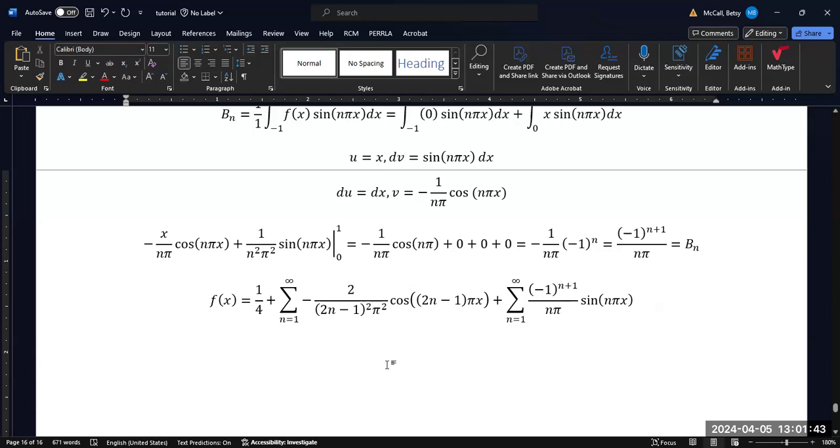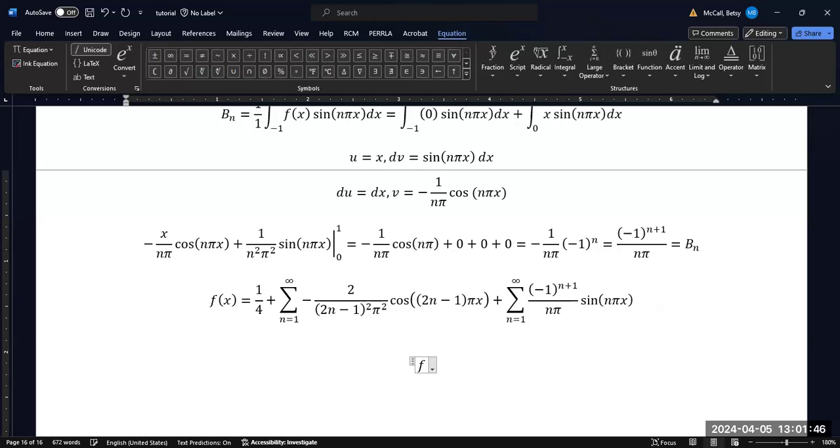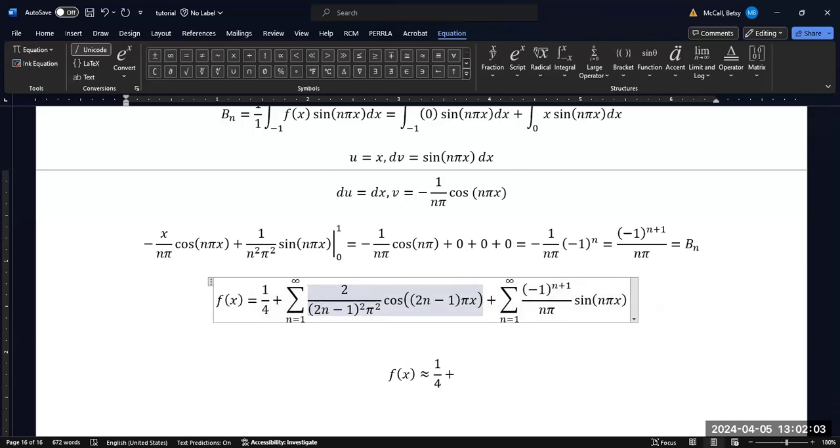All right, so then what does this look like when we start estimating? So we've got 1/4. And if I put in an even multiple, let's pull this negative up here just to make it a little less weird looking. So this will be negative, and it's always going to be negative for the cosines. So when n is 1, 2n minus 1 is 1, and 2n minus 1 here is 1.